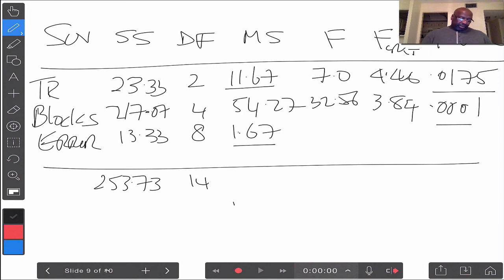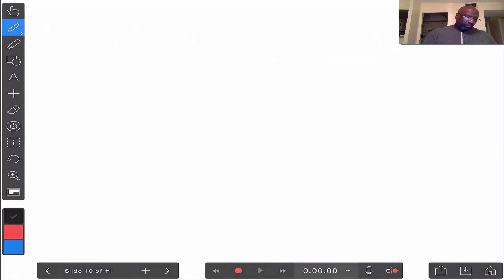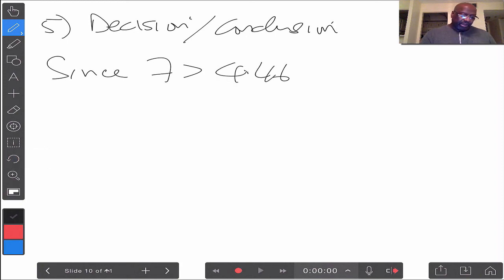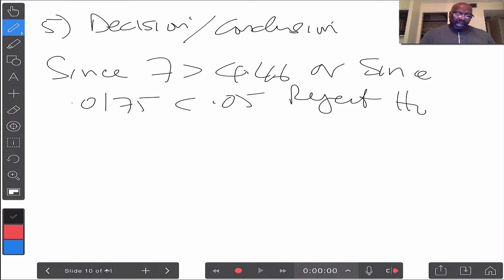Okay, so let's do our conclusion. Step 5, decision and conclusion. Using the critical value approach, since 7 is strictly greater than 4.46, or we could say since the p-value 0.0175 is less than 0.05, we reject the null hypothesis.